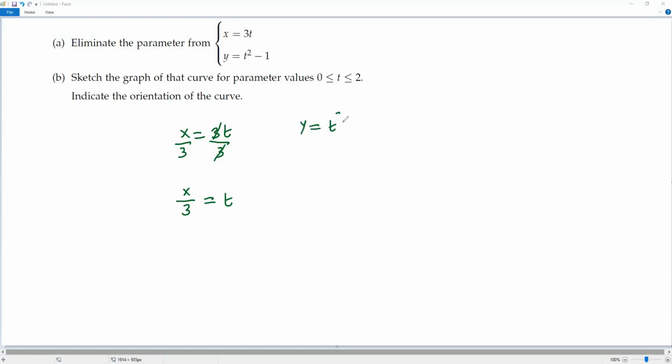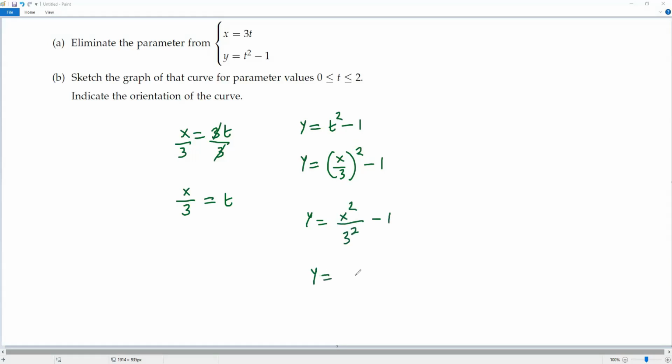Now I have to plug in t is equal to x over 3 into the second equation. So y is equal to t square negative 1. So now in the second parametric equation, I have to substitute x over 3 for t. So this t has to be replaced by (x over 3) whole square negative 1. So y is equal to, now this is a common exponent for the fraction. So this exponent can be taken for numerator and denominator.